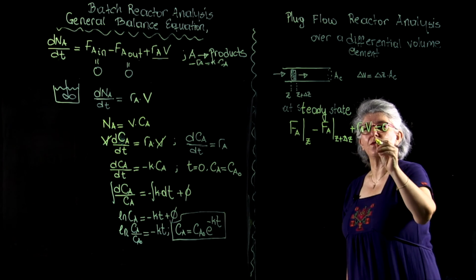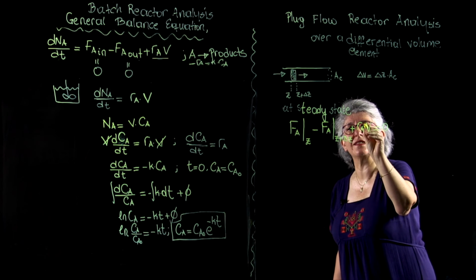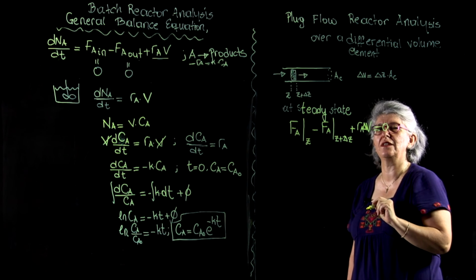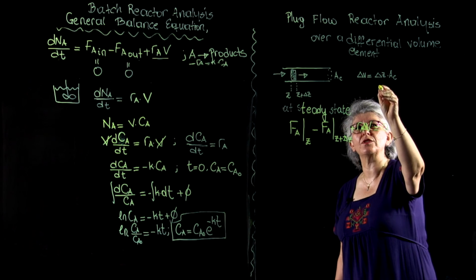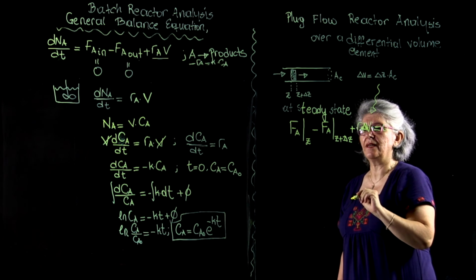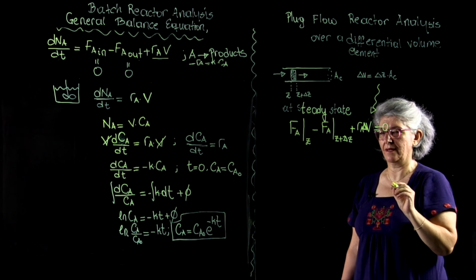Now this volume element, of course, is the differential volume element. It's not the total volume, but it is the differential volume element. I'm going to substitute this definition in here, and I will do some rearranging.